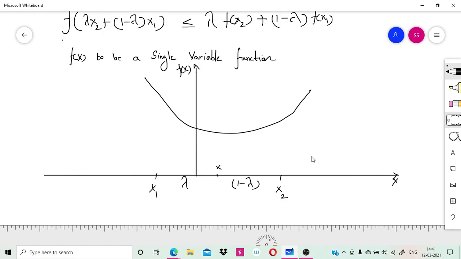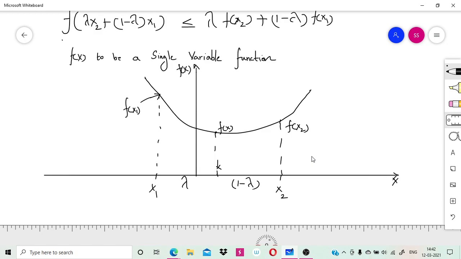Corresponding to the point x1, we have f of x1 here, and corresponding to x2 we have f of x2, this point. Corresponding to X, if you substitute, we have f of capital X, this point.